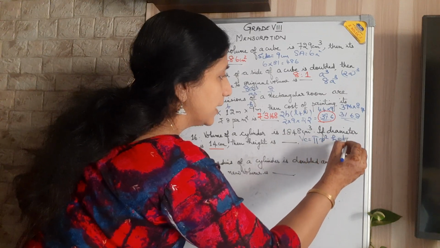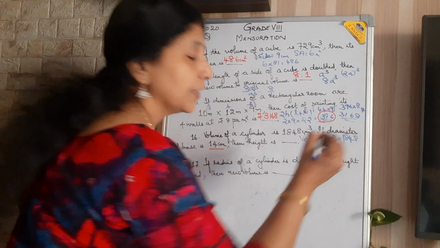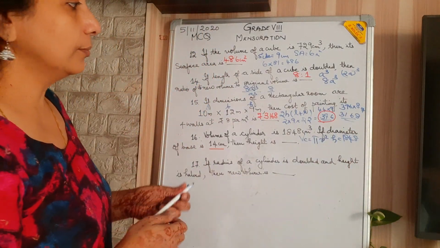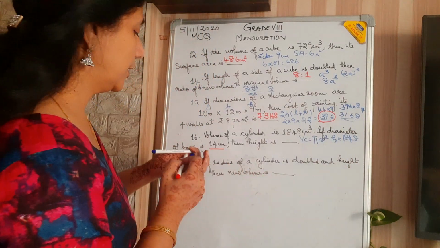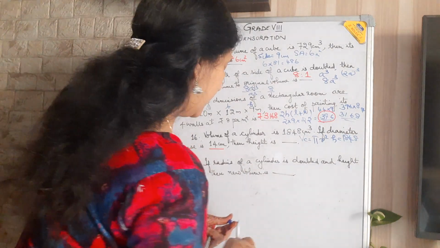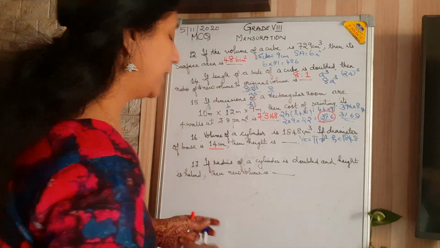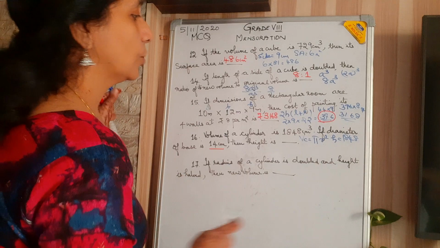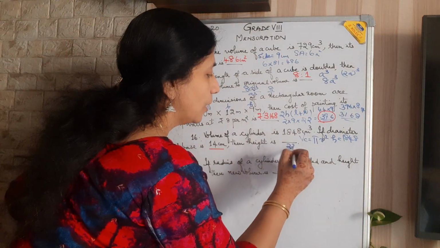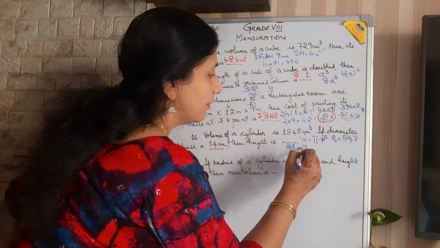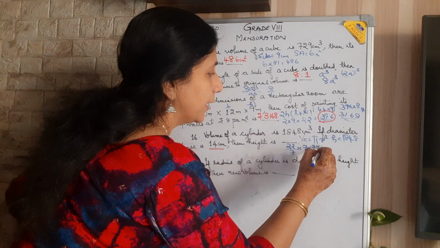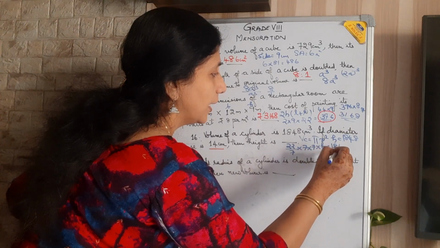That is given as 1848. Right? Now we will substitute the value. Radius is 7. So we will take it as 22 upon 7 into 7 into 7 into h is 1848.